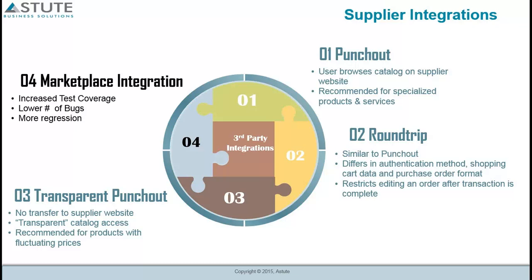So the direct connect feature enables you to integrate with the third-party suppliers by punch out, where punch out enables the users to interact directly with the supplier website. And most of the customers we have online must be already aware of this, that you are directed to the supplier's website.